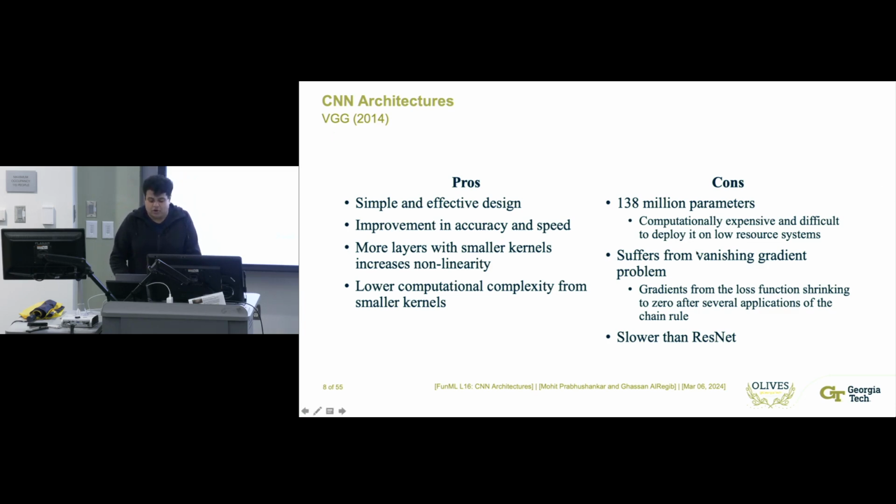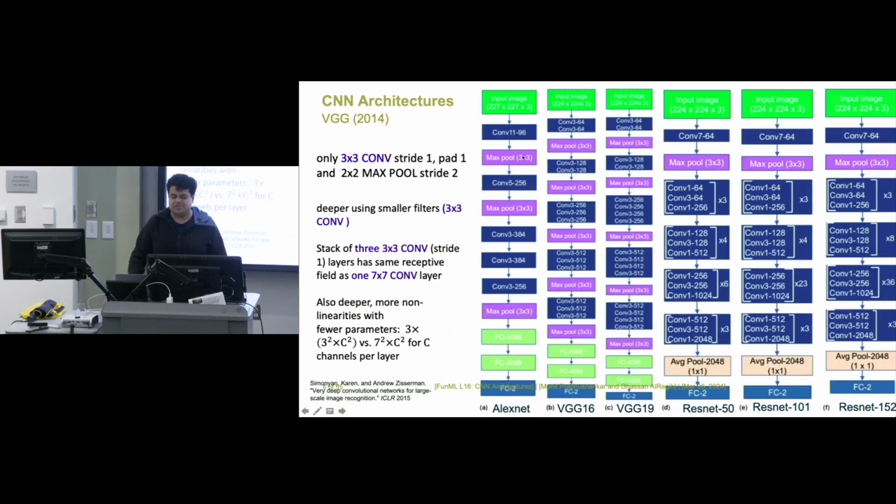So we talked about this vanishing gradient problem before, and the way AlexNet solved it is by removing the sigmoid and the tanh activation function and replacing it with something like ReLU, which is a rectified linear unit. But at this point, now we have doubled the number of parameters. And it's gone deeper, right? If I go back to this slide, VGG architectures are much deeper than AlexNet.